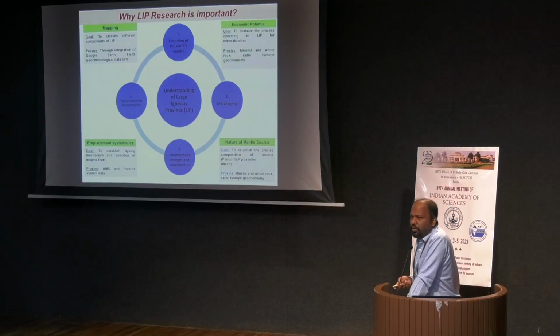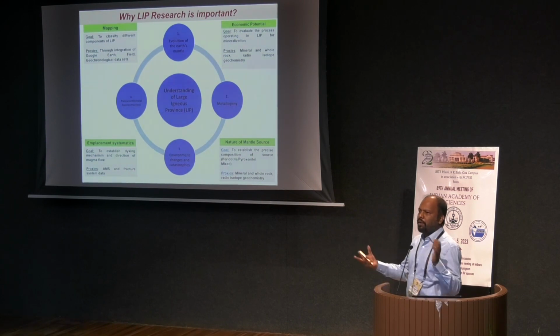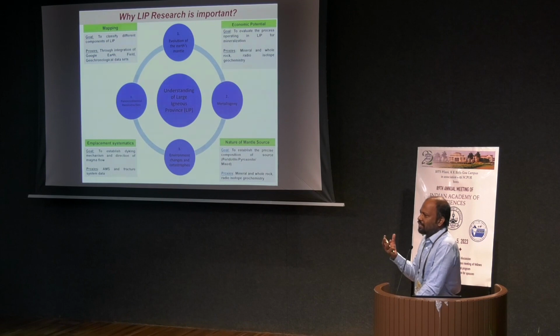And the fourth important point, the significance of large igneous province, that is paleocontinental reconstruction. During the generation of large igneous province, a large amount of mafic magma is generated. The continental locations we are observing now, during Archean and Proterozoic time, the positions of the continents were not like that.